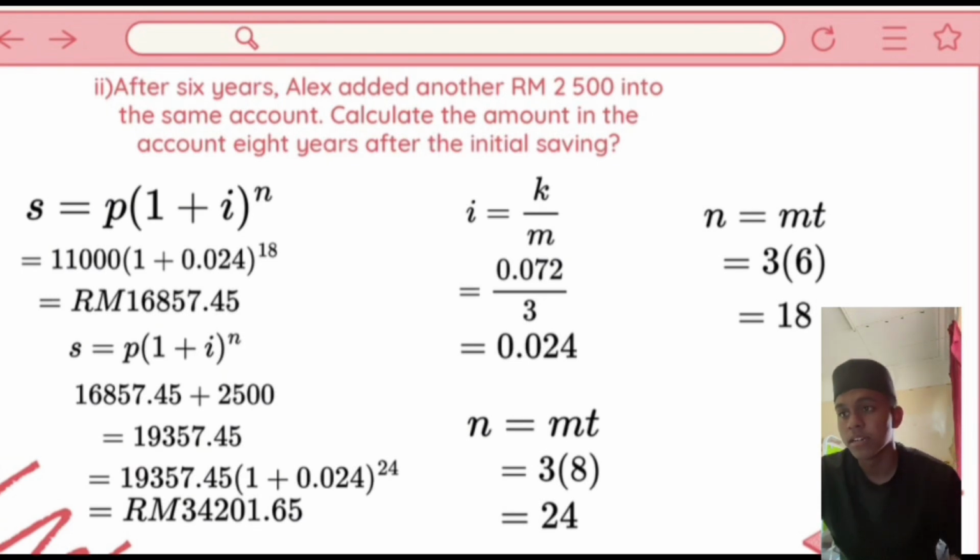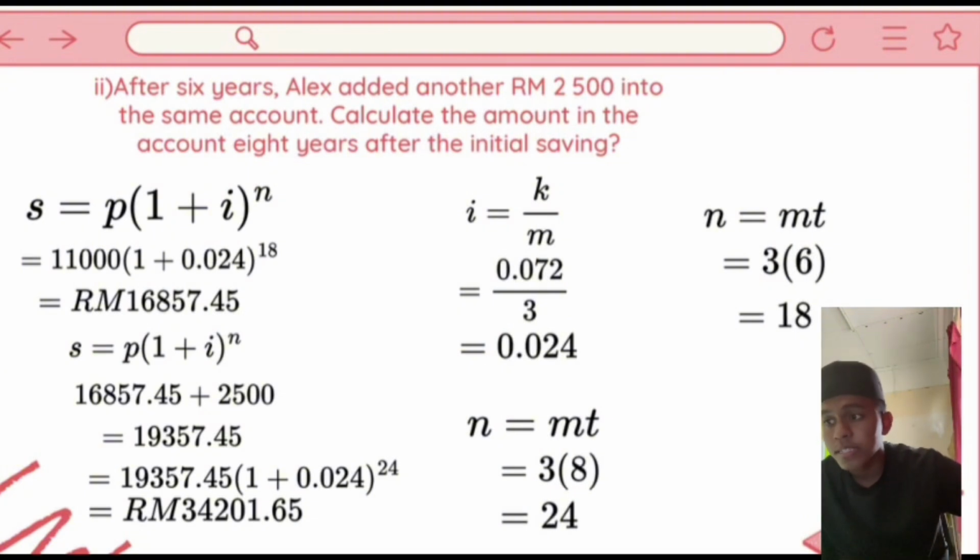So we calculate again for 8 years. First we add the answer for 6 years with 2,500 because Alex added another 2,500 into the same account.